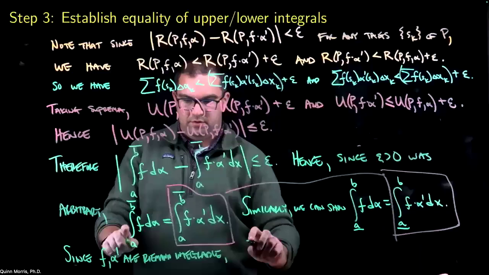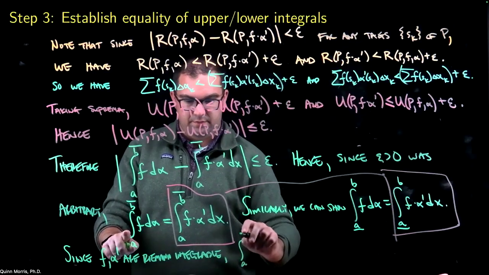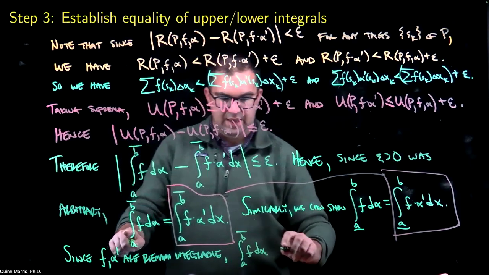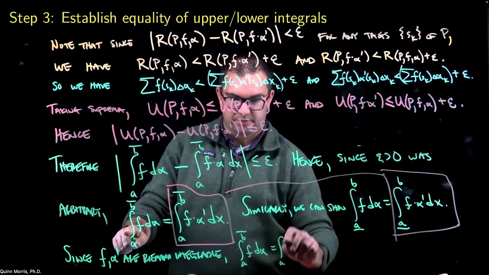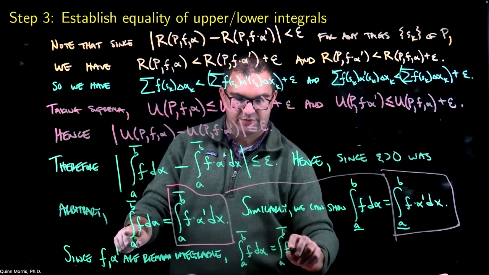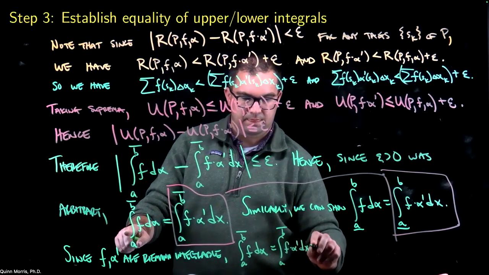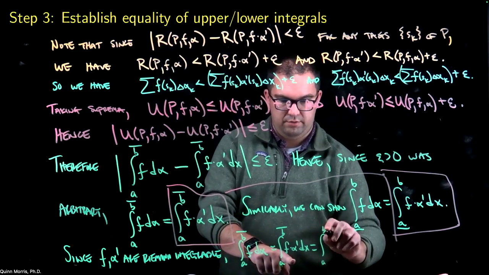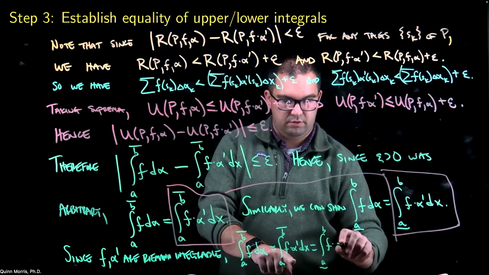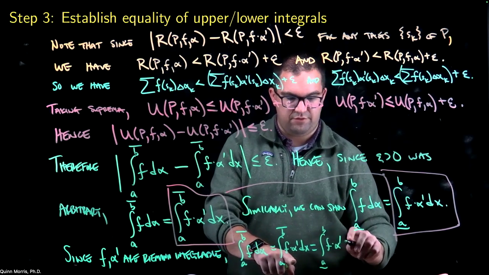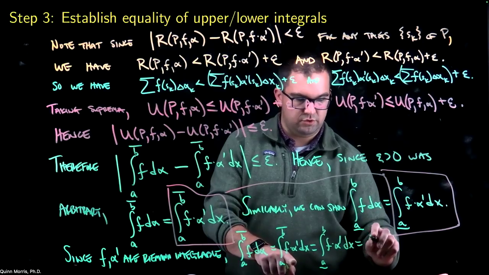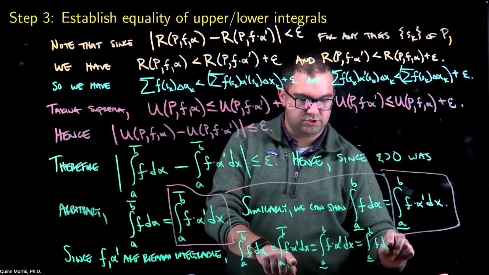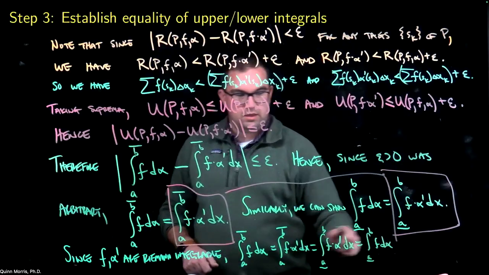Then we have that the upper integral of f d alpha, which is equal to the upper Riemann integral of f times alpha prime, which by the integrability must be equal to the lower Riemann integral of f times alpha prime, which we've shown is equal to the lower Riemann-Stieltjes integral of f d alpha.